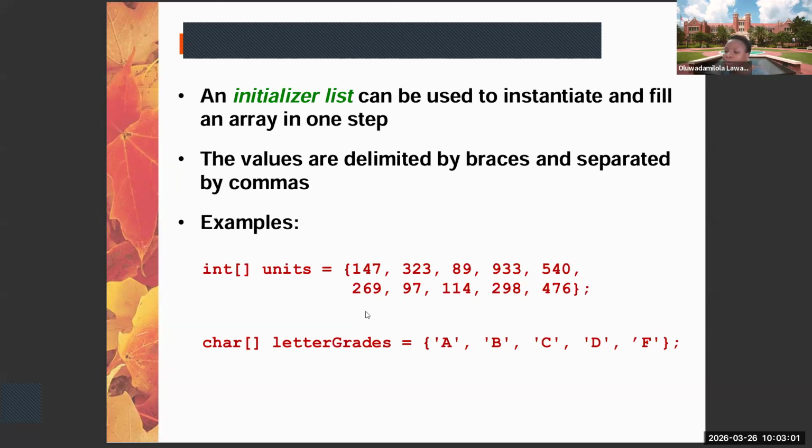So this is another way to declare our array. But this is only applicable when we are sure of the values and the number of the elements in our array. Any question on this?